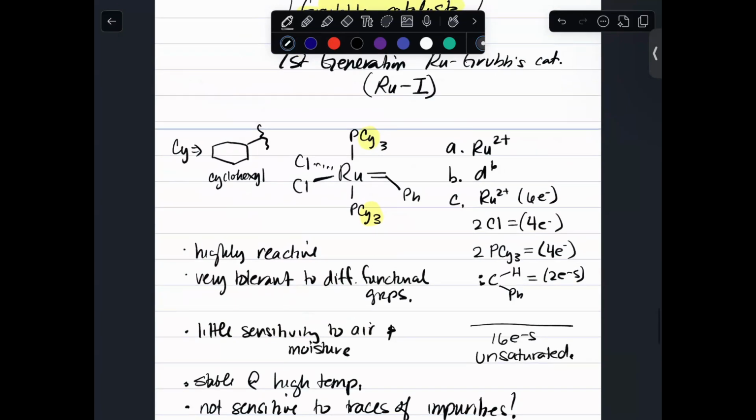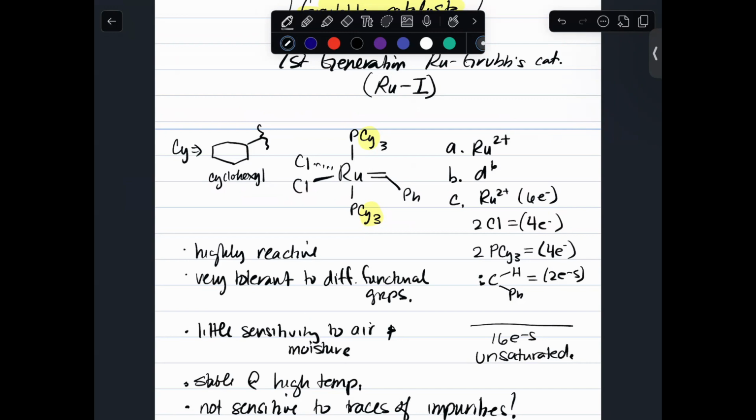And again, this is just the first generation catalyst. There are other catalysts that are commercially available. I can't even begin to tell you the many catalysts that there are. There's the Hoveyda-Grubbs catalyst, and even within the Hoveyda-Grubbs, they've got their own generations. So Grubbs really took advantage of Schrock's work in a good way, and expanded on his work to understand the scope and the limitations of this reaction, which is really nice.